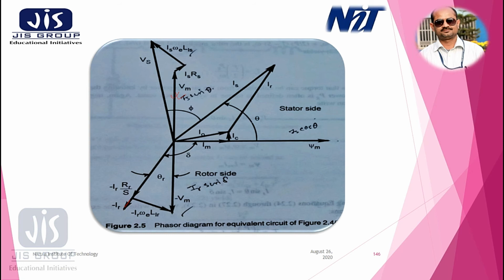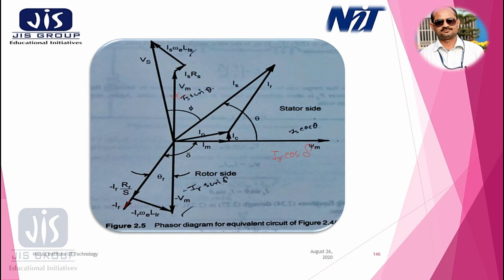So this is my IR cos delta, and this is my minus IR sin delta.